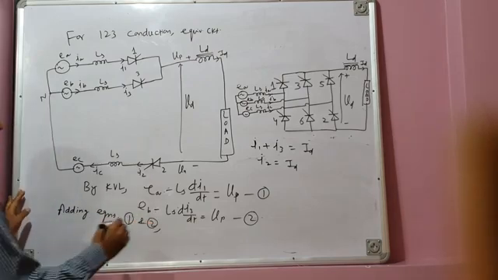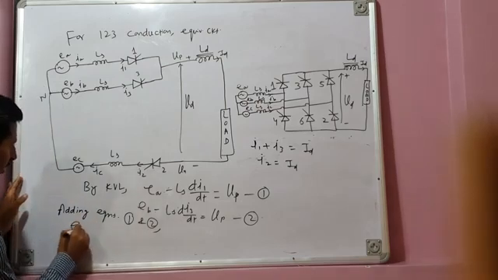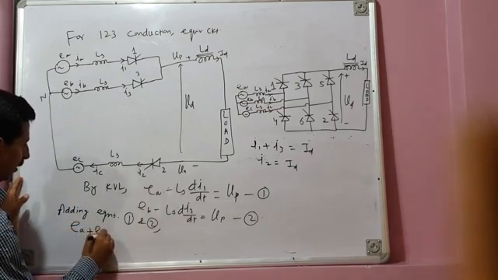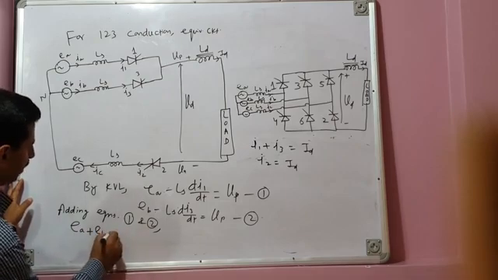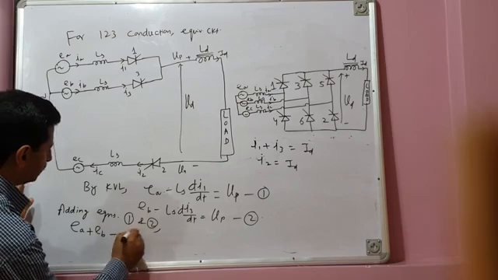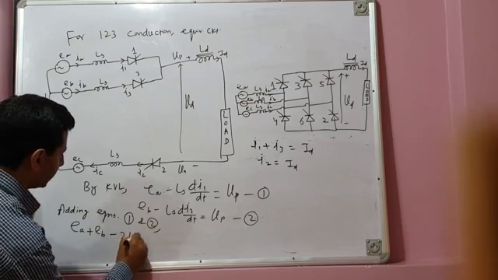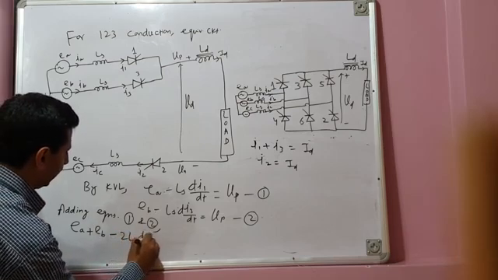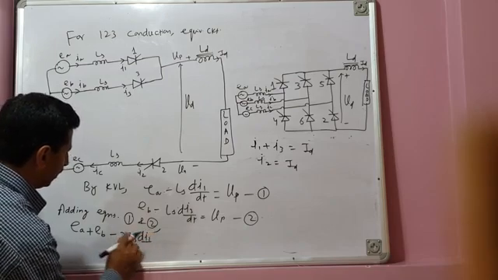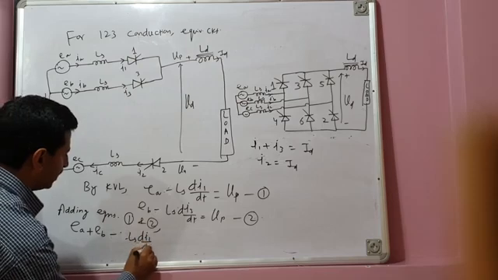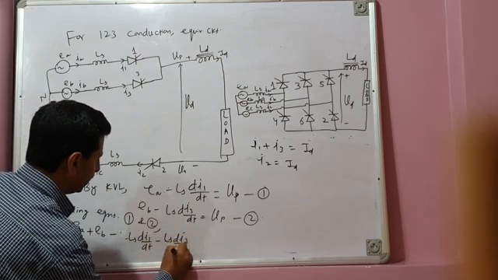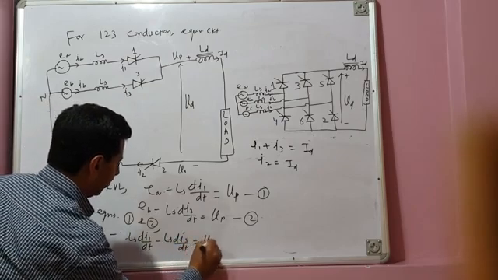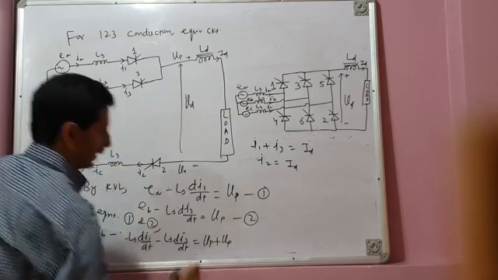It will give me EA plus EB minus LS di1 by dt minus LS di3 by dt is equal to VP plus VP on the right hand side.